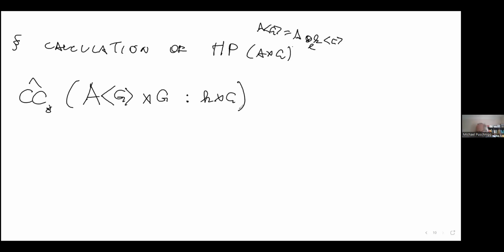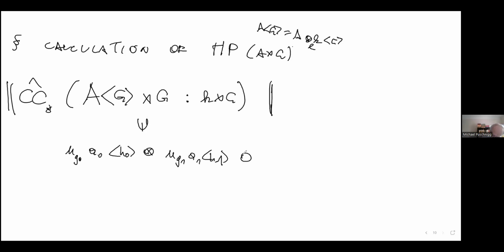So this is the complex I'm looking at. And a typical element can be written as, let's say, u_{g0} a0 h0 tensor u_{g1} a1 h1 tensor and so on, up to u_{gn} an hn. Now, it's not so easy to work with this because there are many relations.